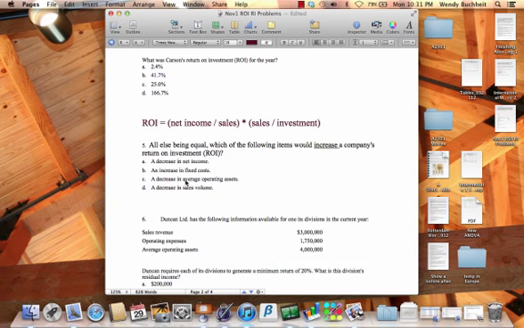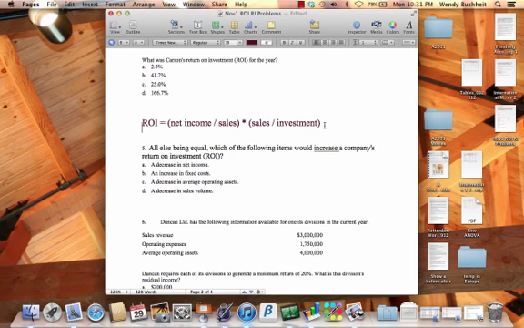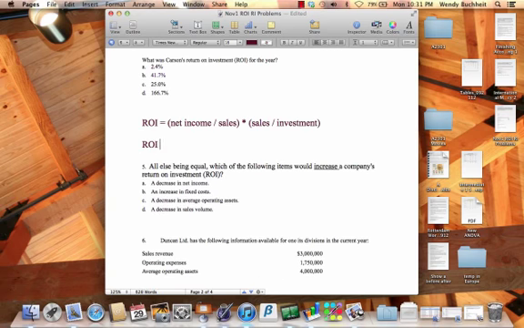Decreasing net income definitely won't do it. Increasing fixed costs, that won't do it. That will hurt net income. Decreasing average operating assets, actually that will do it. Right, if you make this number smaller, we go to the kind of basic version of the ROI formula where it's just the income divided by the investment.